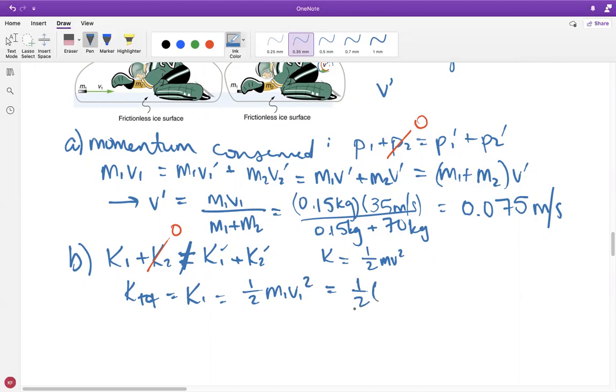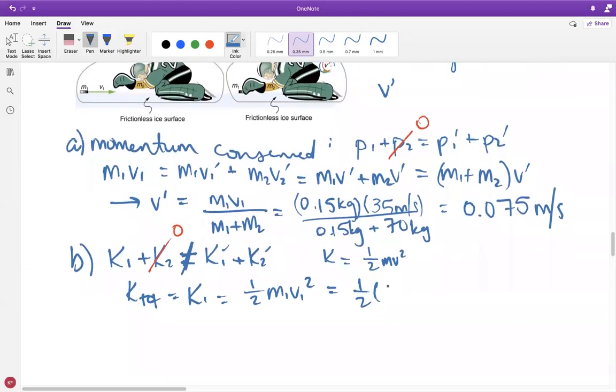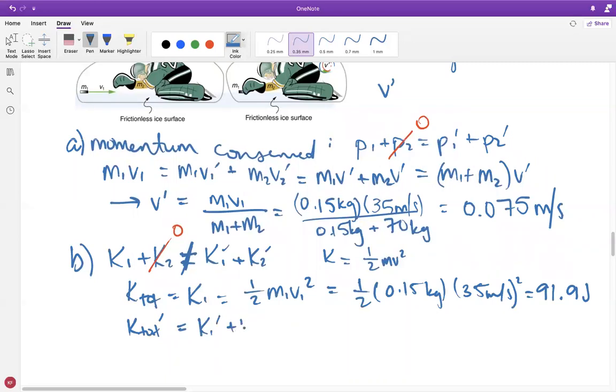Plug your values in: M1 is 0.15 times V1, which is 35, squared. So 35 squared times 0.15 times 0.5 gives 91.9 joules.